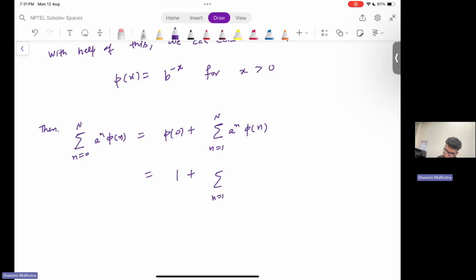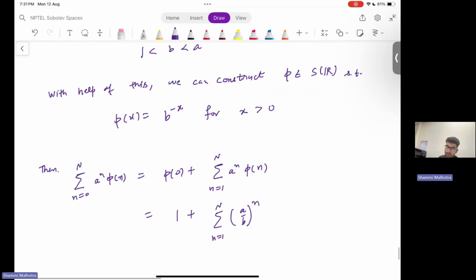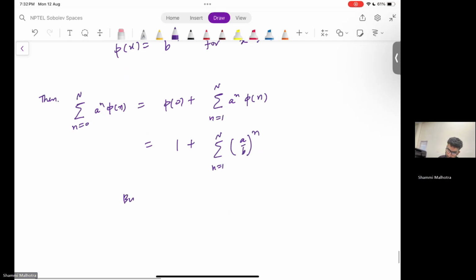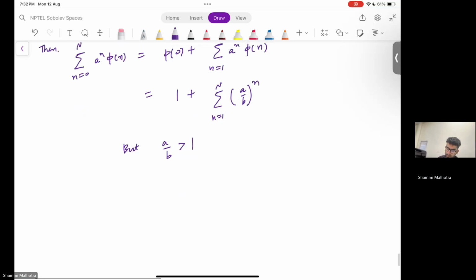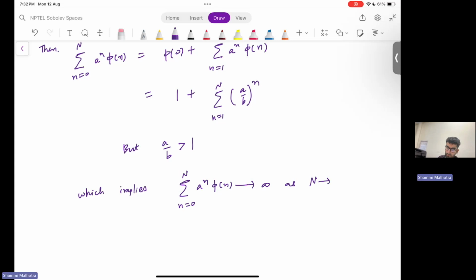So this is the summation n from 1 to n of (a by b) whole raised to the power of n. But what do we know? That b is less than a, so a by b is strictly greater than 1, which implies the right hand side tends to infinity as n tends to infinity. So the summation n from 0 to n of a_n phi_n tends to infinity as n tends to infinity.